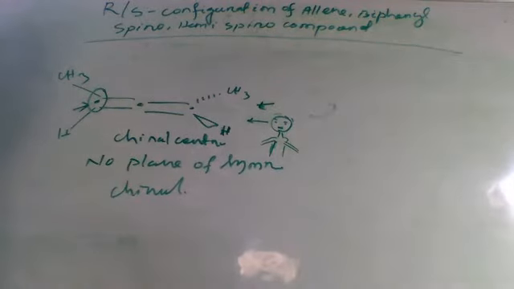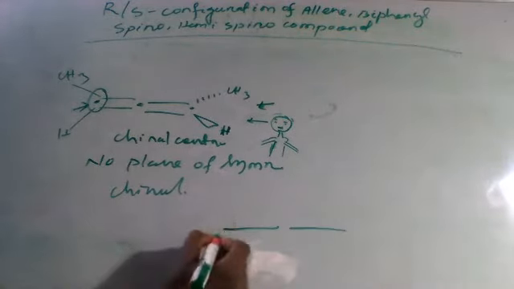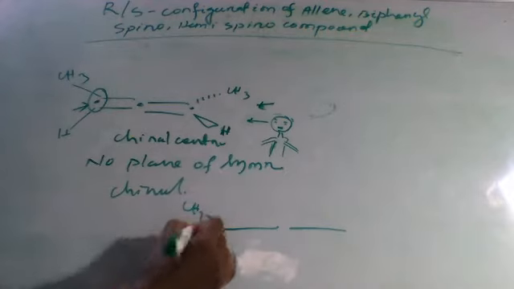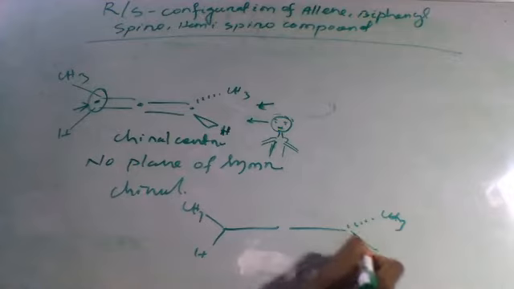Okay, then we will discuss the orbital diagram. This is CH3 and hydrogen, and this is CH3, and this one is hydrogen.